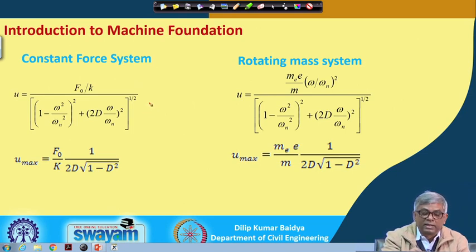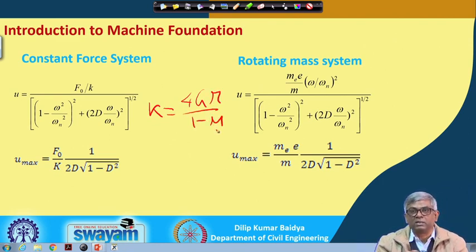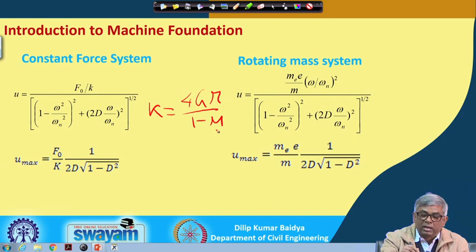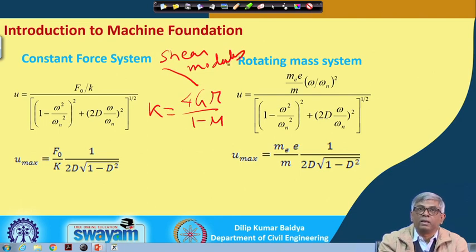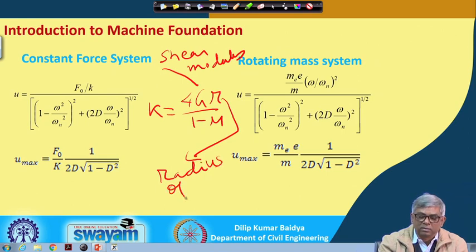You need to find out k, which will be equal to 4 G r by 1 minus mu for vertical vibration. I will discuss only vertical vibration, and in this G is the shear modulus, r is the radius of the foundation, and mu is the Poisson's ratio.